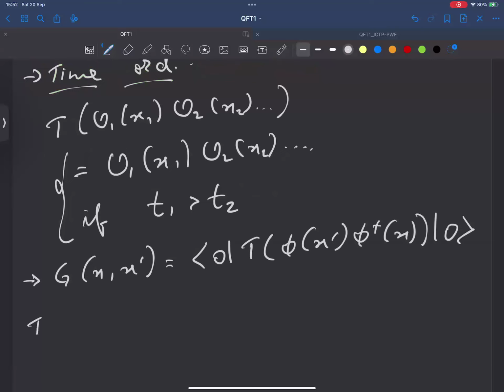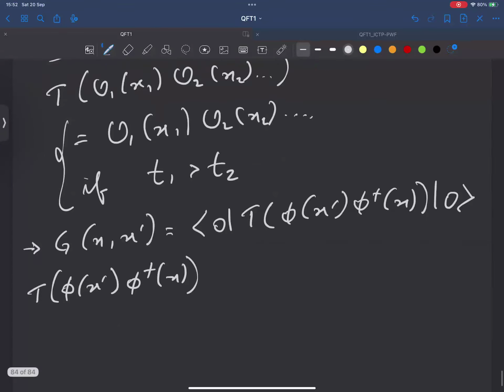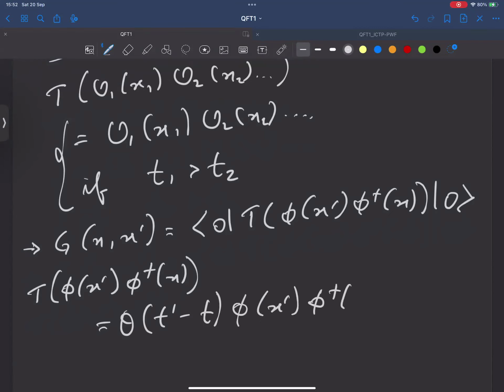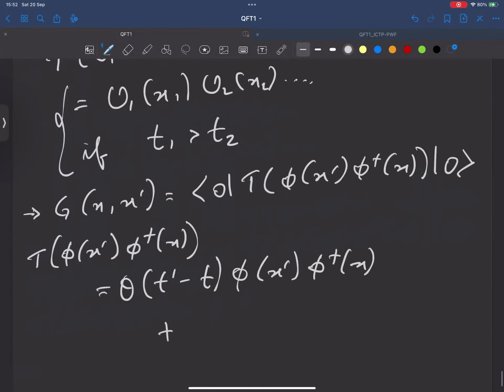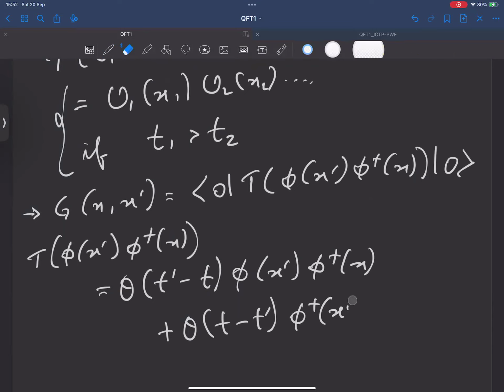Now let's unpack what this quantity looks like using the definition of time ordering. I'll explain what these thetas are. You can write it as theta(t prime minus t) phi(x prime) phi dagger(x) plus theta(t minus t prime) phi dagger(x) phi(x prime).